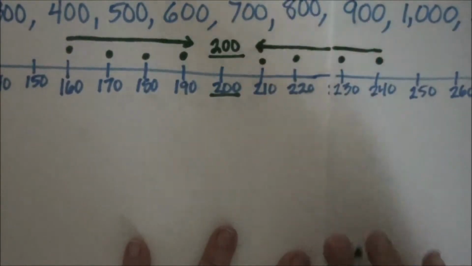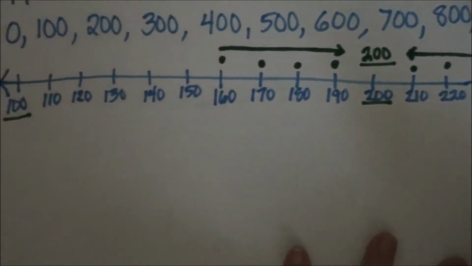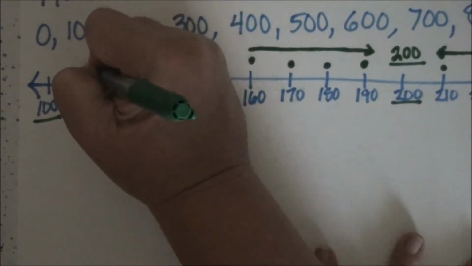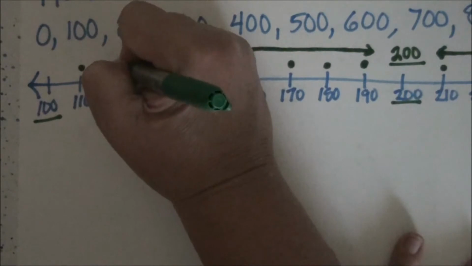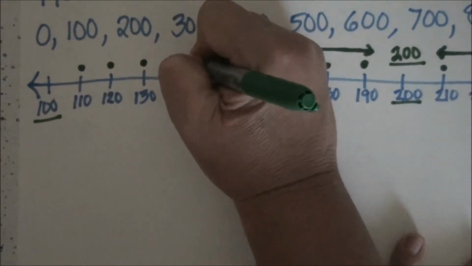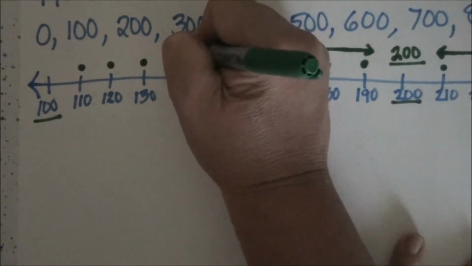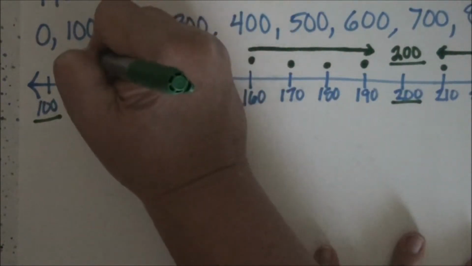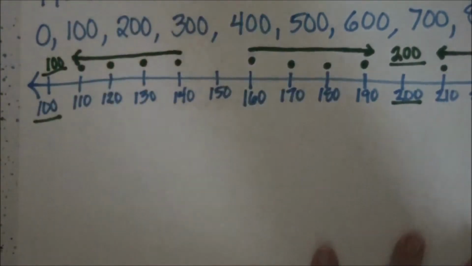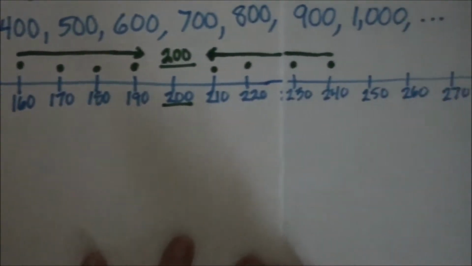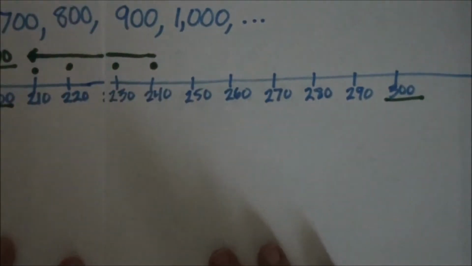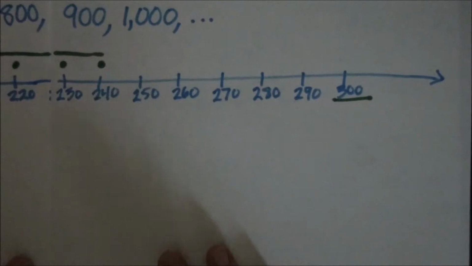Okay? Now let's slide over here to find numbers close to 100. 110 is close to 100, 120 is close to 100, 130 is close to 100, 140 is close to 100, all of these round down to 100. Okay, sliding this way. Here we go.